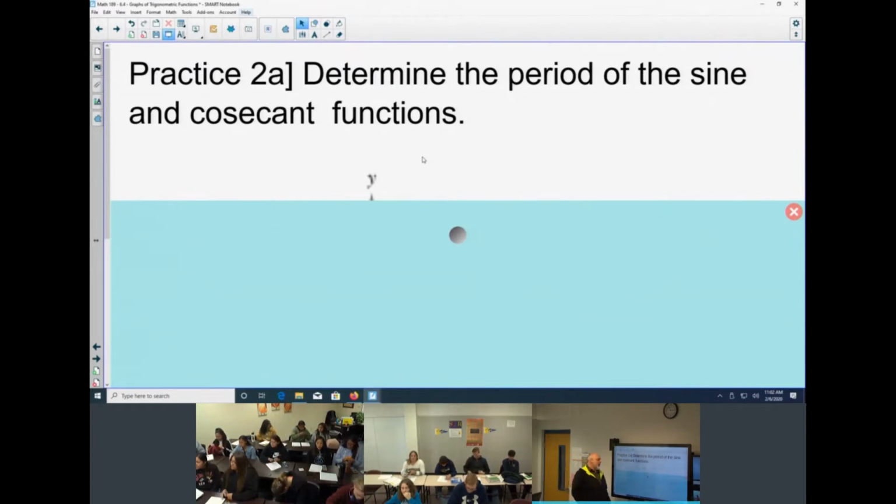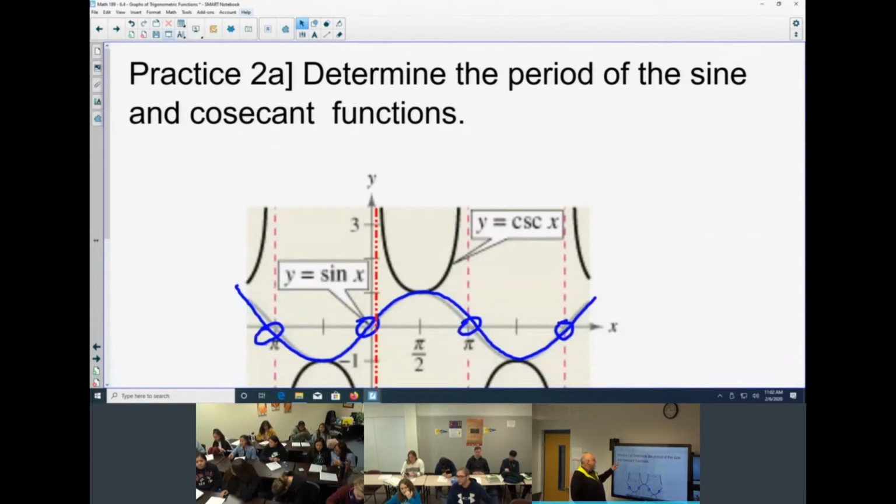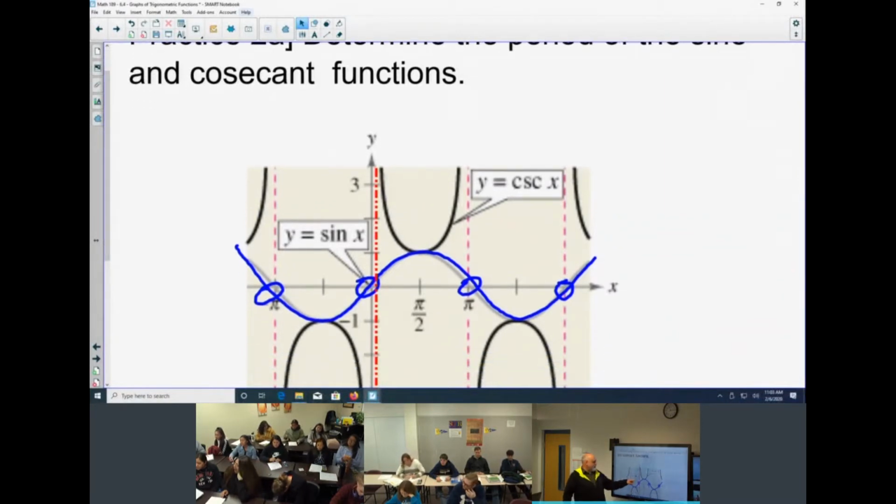If you look at the graphs here, here's the cosecant, the U shape, and then the sine is what I've got written here in blue. What I'm hoping you'll see visually, because I told you in the notes that sine and cosecant have a period of what? 2 pi. I just want you to see it. If we start here at 0 and end here at 2 pi, it makes one complete cycle.